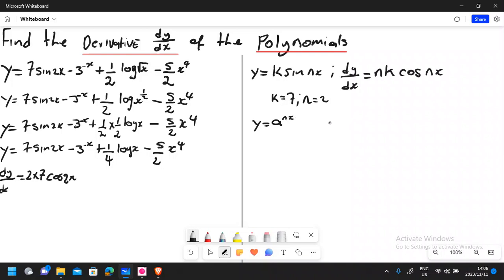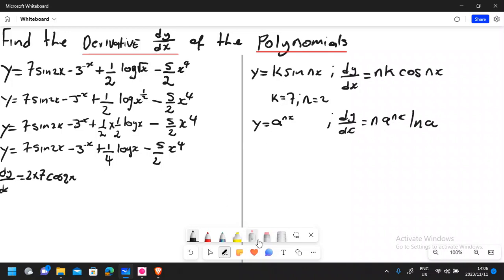And then when we find the dy over dx of this formula here, remember we don't have k, so it is like that. The dy over dx is going to be n, and then a to the n x, then we multiply by natural log a. So this is our dy over dx of this type of function.